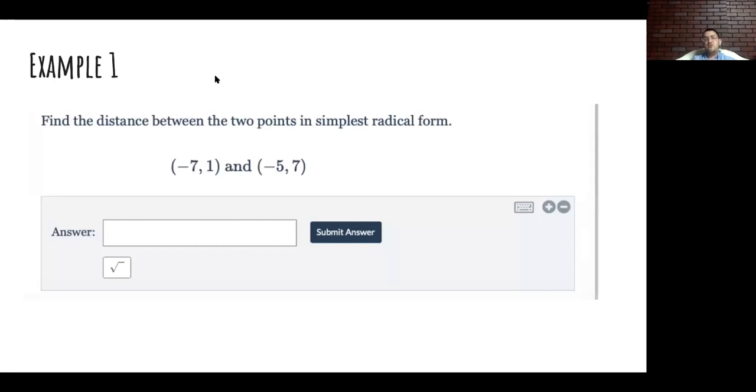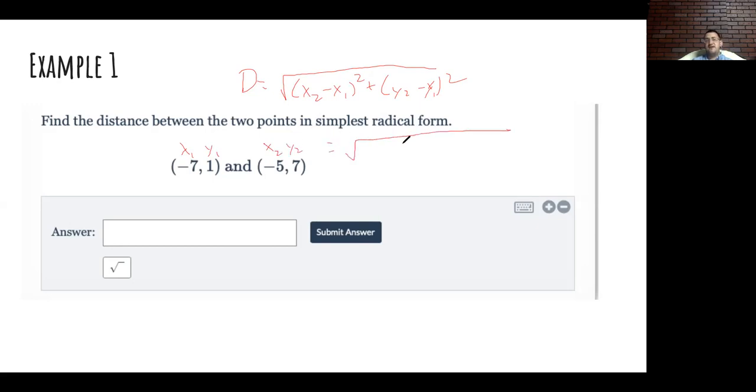This is a typical Delta Math problem here. I'm going to write the distance formula on the top. Thou shalt always write down the distance formula, and you will have a correct setup when you do that, provided that you label the points. So I'm just going to put those in.